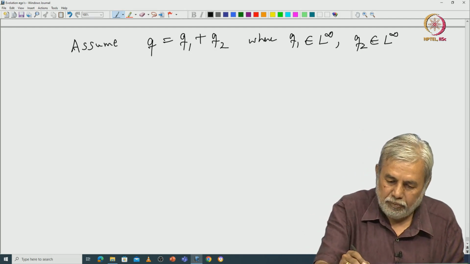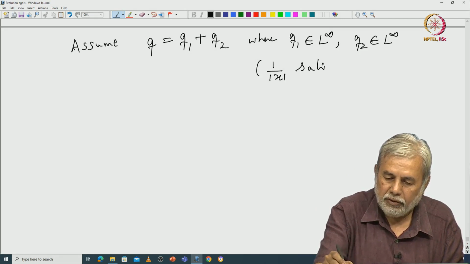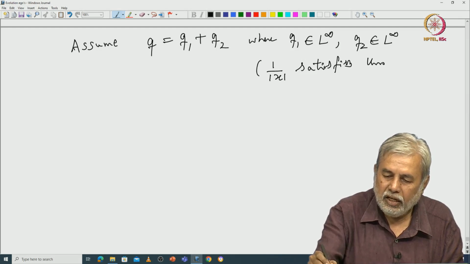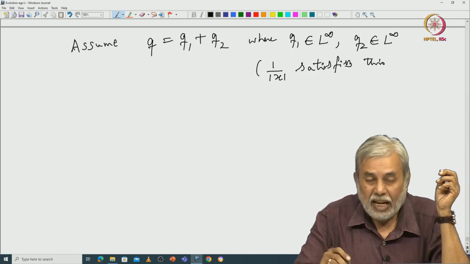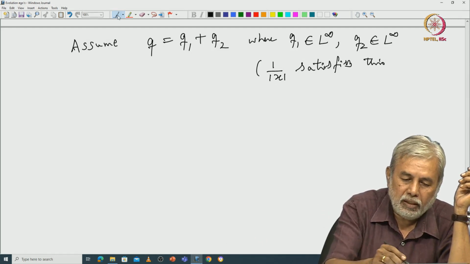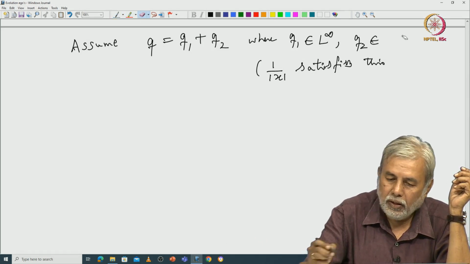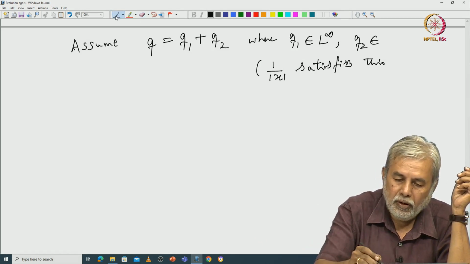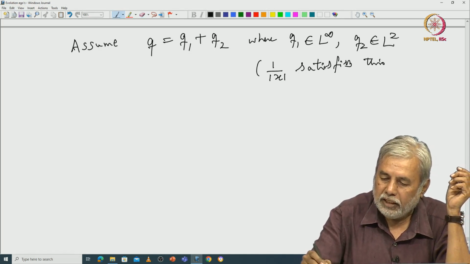You check that the Coulomb potential 1 by x satisfies this condition. So, that is an exercise. So that the potential can be written as a sum of an L infinity function and an L2 function.